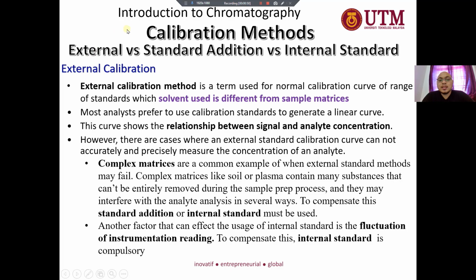The first type of the calibration method is external calibration. External calibration is the most common calibration method, widely used in the analytical laboratory. External calibration is a term used for a normal calibration curve of a range of standards where the solvent used is different from the sample matrix.